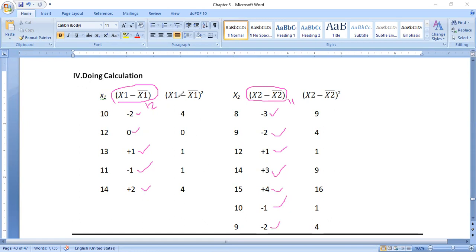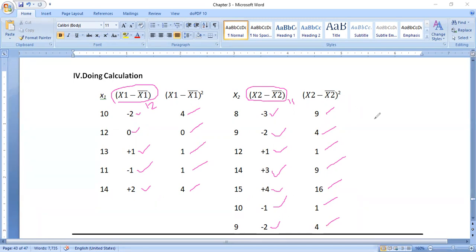After that, x1 minus x bar 1 whole square: 2 square 4, 0 square 0, 1 square 1, 1 square 1, 2 square 4. Then x2 minus x bar 2 whole square: 3 square 9, 2 square 4, 1 square 1, 3 square 9, 4 square 16, 1 square 1, 2 square 4. Now, according to the formula, S is equal to under root sigma x1 minus x bar 1 whole square.